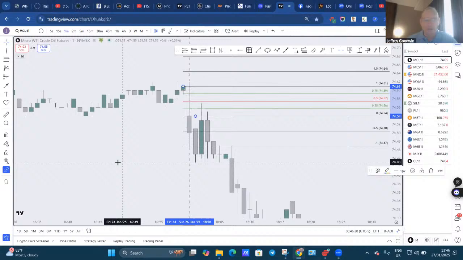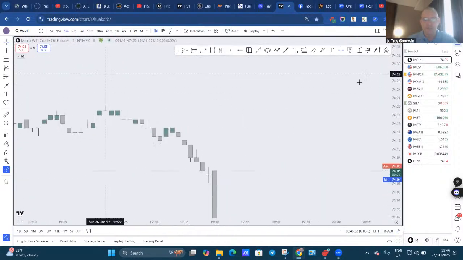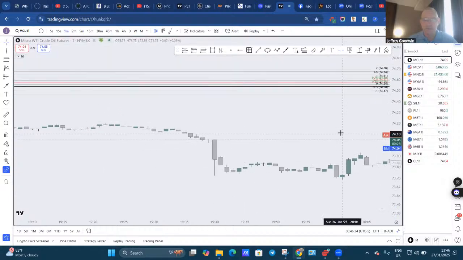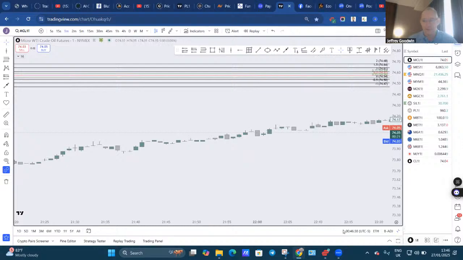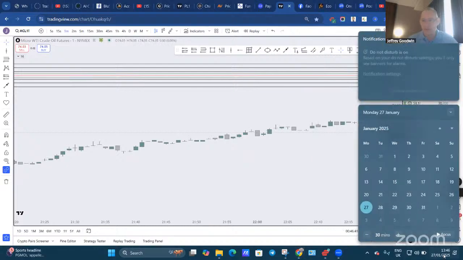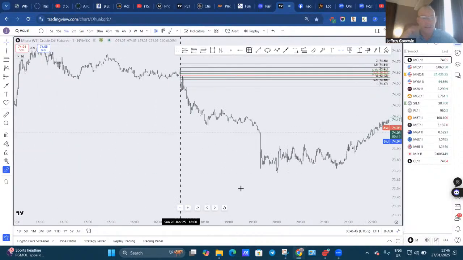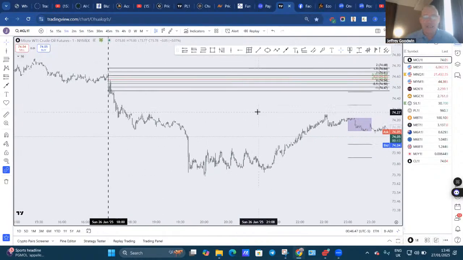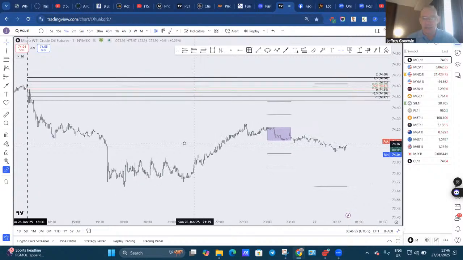Now I broke this into quarters, ladies and gentlemen. So let's see where the market is today. Let's just remind ourselves what day this is. This is a Monday. So this is the weekend gap that's formulated, and this is the Sunday night trading, and that's where we're at.